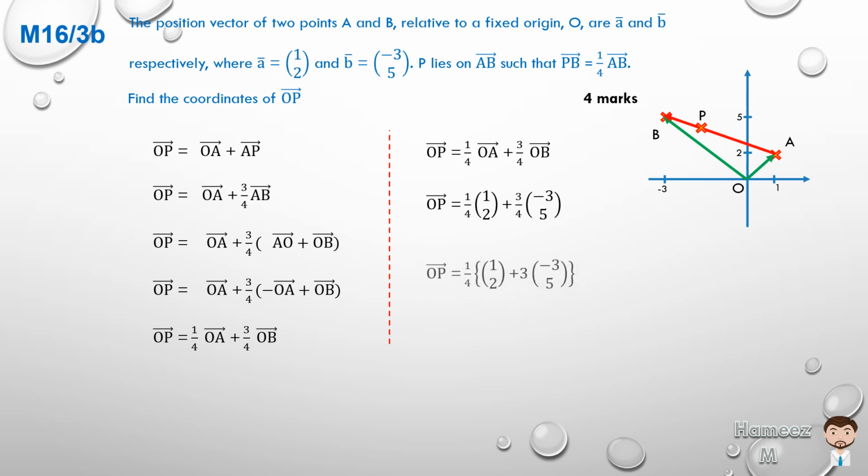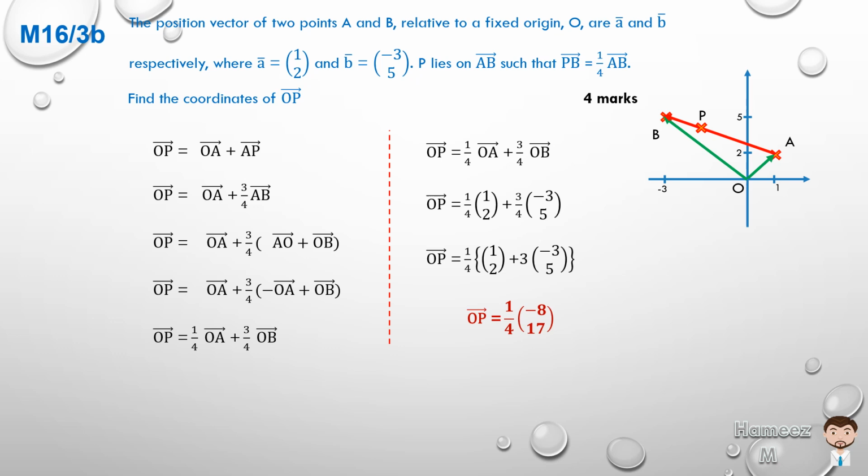So that will be left with (1, 2) plus 3 times (-3, 5). So OP is equal to 1/4 of, 1 plus 3 times minus 3 is minus 9. 1 minus 9 is minus 8, and 2 plus 3 fives are 15, 15 and 2 is 17. So OP would mean we're going a quarter times (-8, 17).